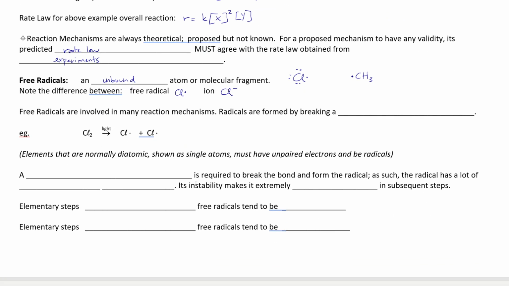So free radicals are involved in many reaction mechanisms. Okay, radicals are formed by breaking a covalent bond. So when we break that covalent bond, it is no longer stable because it doesn't have a full outer shell. So I just want to put right here that free radicals are unstable species because they do not have a full outer shell.